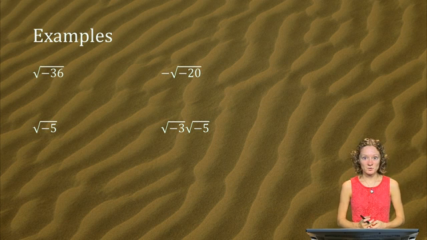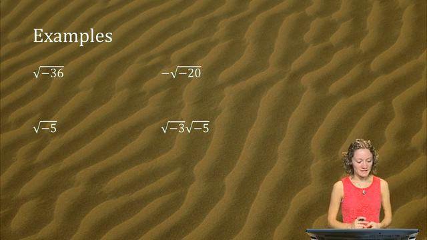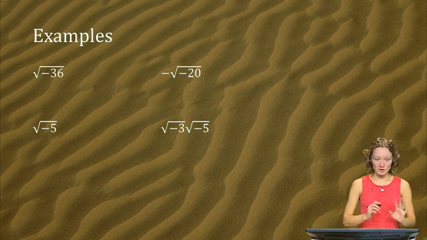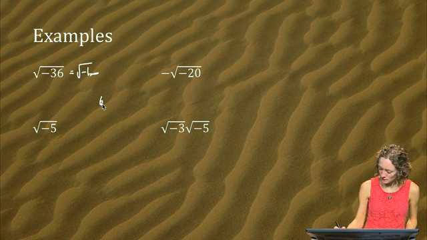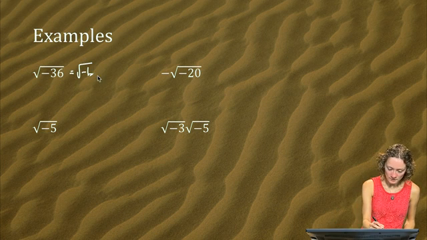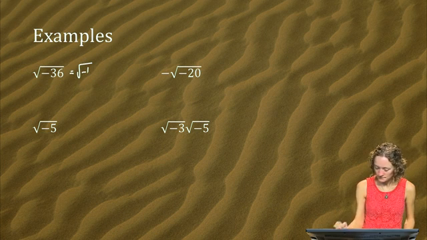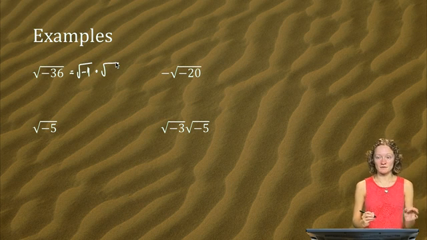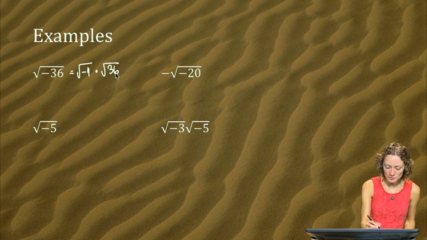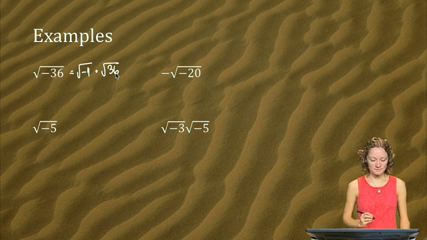The first one, we have the square root of -36. We're going to look at this as two different pieces. Remember, using the product rule, we could separate this to be the square root of -1 times the square root of 36.